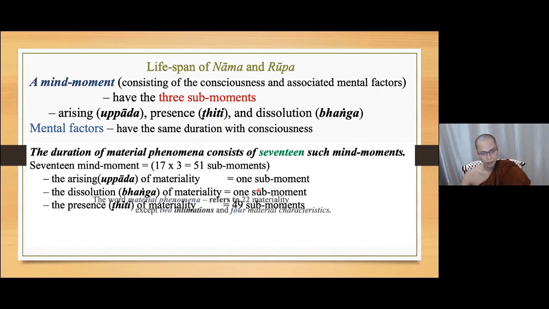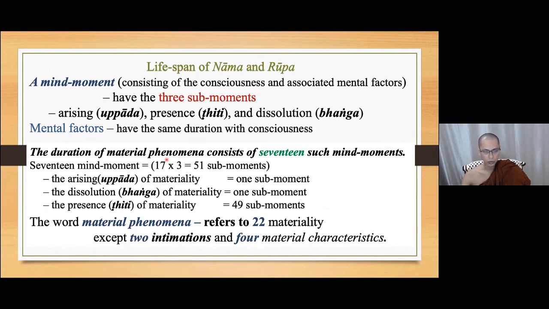Here, materiality does not include all 28. It just refers to the 22, because the other groups have a different lifespan. Except the 2 intimations, bodily intimation and verbal intimation, these 2 materialities have the same lifespan as the mind moments, so they have only 3 sub-moments.